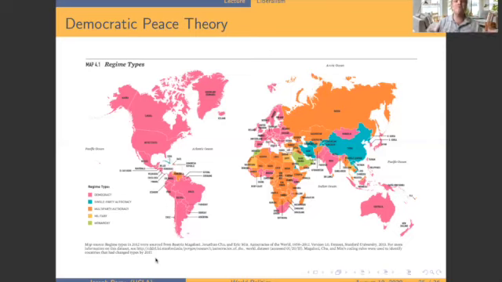So just to reiterate, if it was simply the case that democracies don't go to war because democracies slow down the war process, we would expect to find that democracies don't go to war with autocracies as well. But that's not what we observe. We observe that democracies don't go to war with each other.